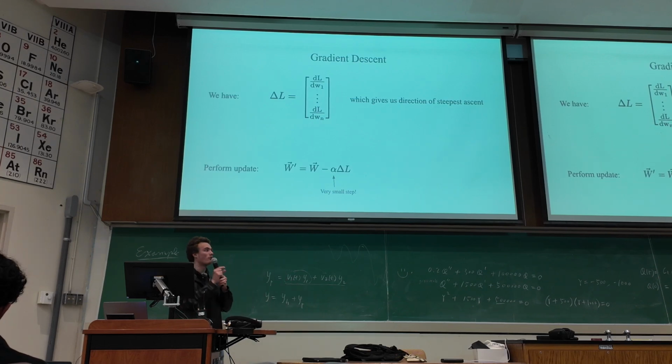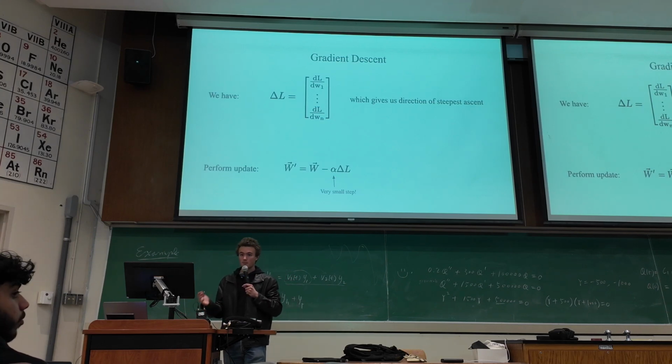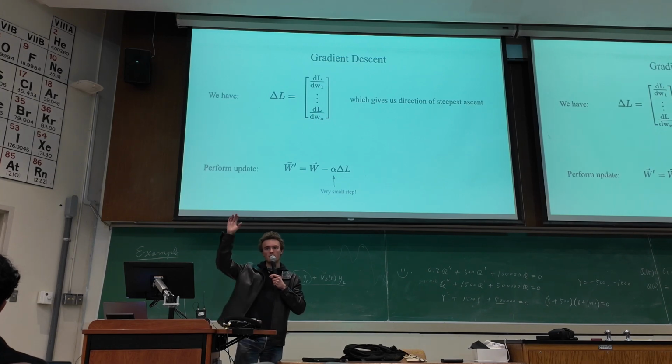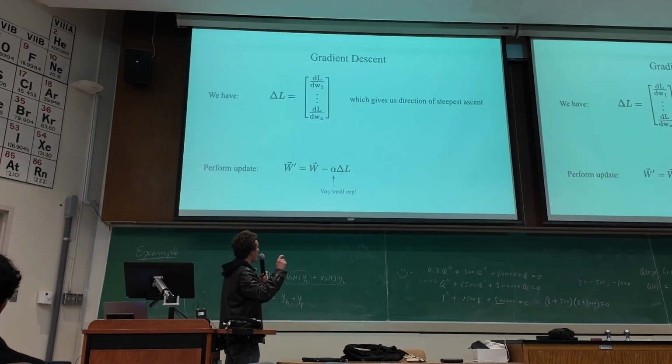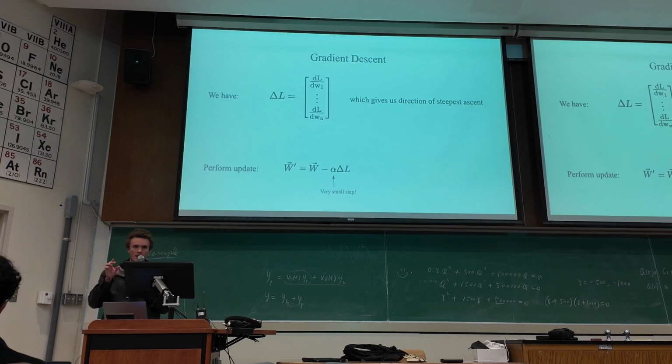So we want to take this alpha, which will be a small value like 0.01, for example. That is what we'll call a hyperparameter, meaning it's something that you can tune manually. If it's 0.01, then whatever the direction is, it's going to be a very tiny vector in that direction, and we're going to take a tiny little step to change the weights and hopefully decrease the loss a little bit.